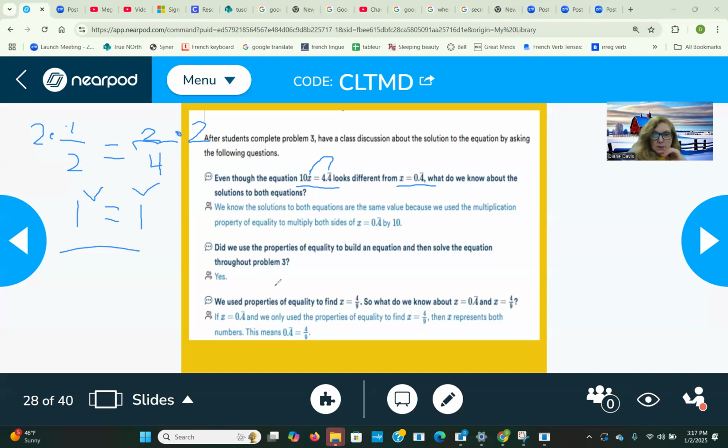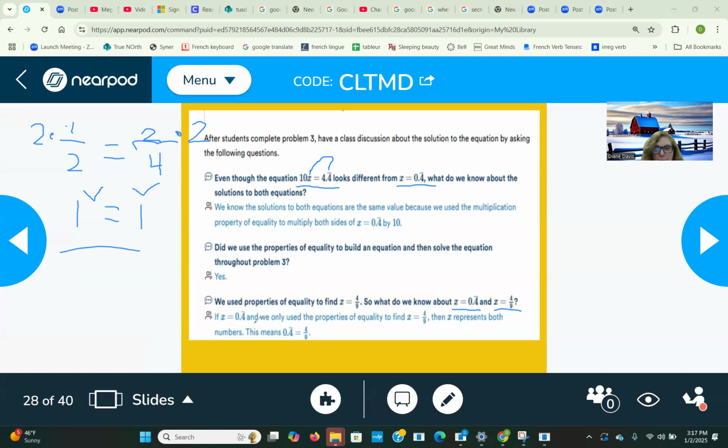It is equal. Did we use the properties of equality to build an equation and then solve the equation? Yes. We used properties of equality to find x equals 4/9. So what do we know about x equals 0.4 repeating and x equals 4/9?